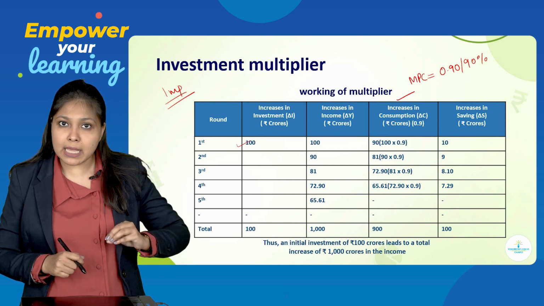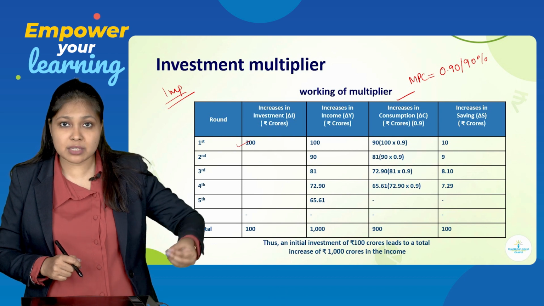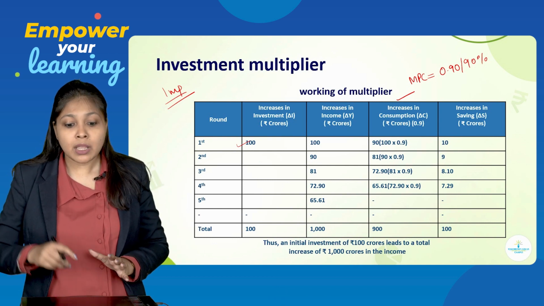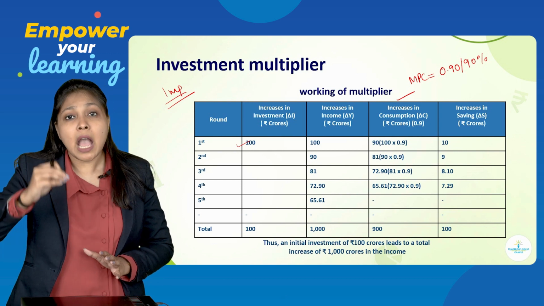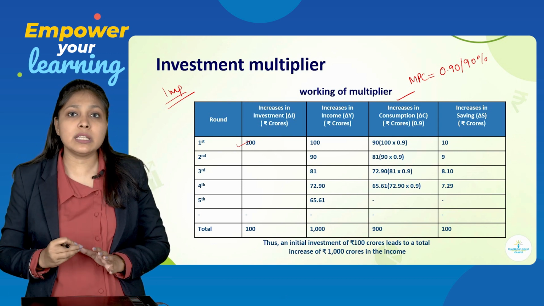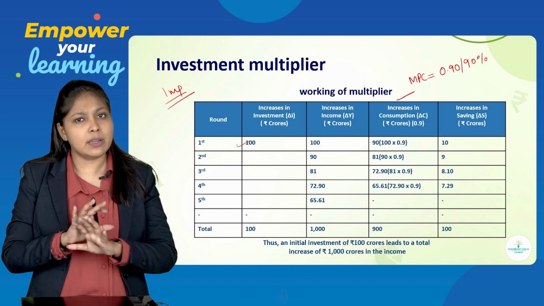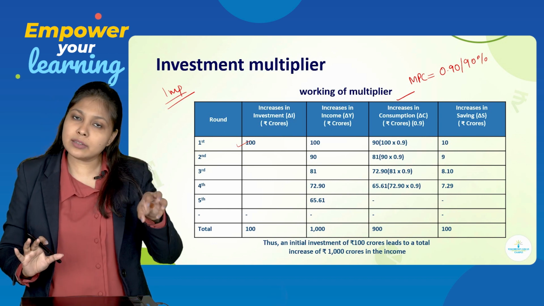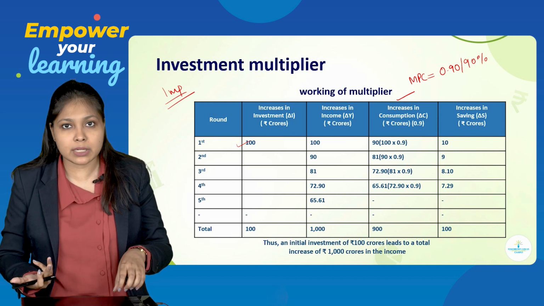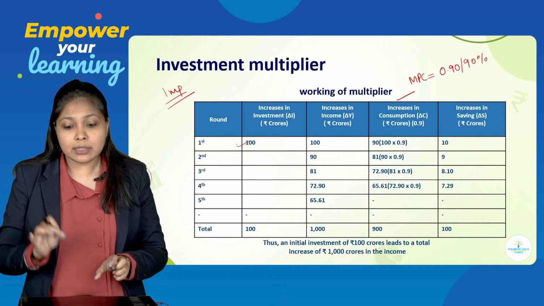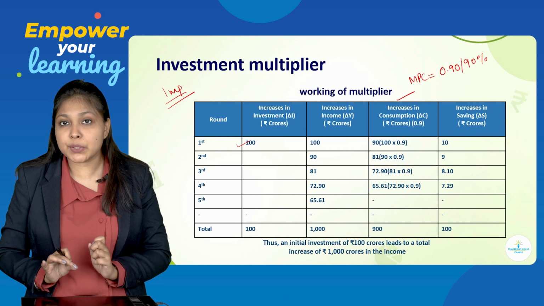So round 1 will show the investment done in the economy. Now, if the increase in investment is by 100 rupees, how much income is being generated in the economy? Very simple. Round 1 as it is. 100 rupees has been invested, 100 rupees of income has been generated in the economy. Then, MPC is 90%.